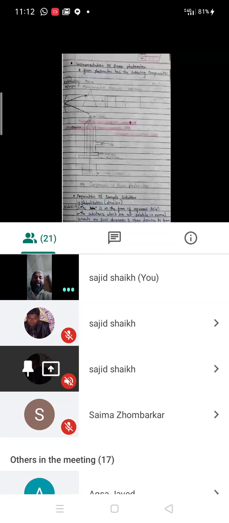Okay, we have to start the next part of this particular unit. In the last lecture, we talked about the principle of flame photometry. In the principle, we have seen we are taking the sample solution. The sample should be in salt form, so we take the aqueous solution of this salt.